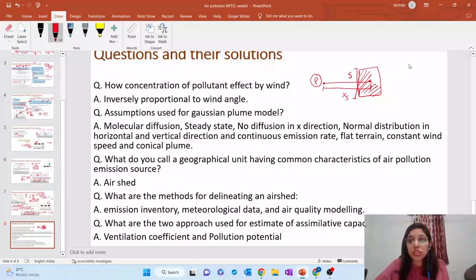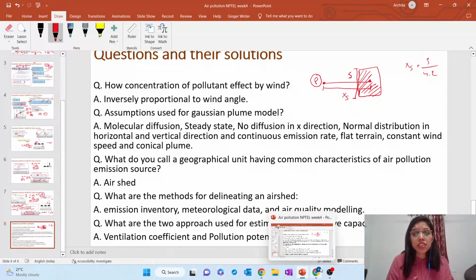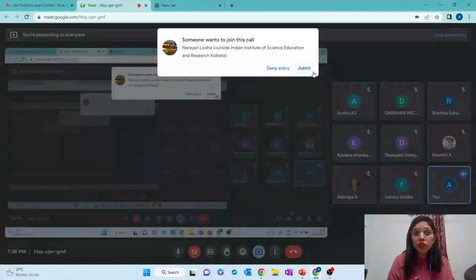So the equation was xs equals s by 4.2. With this you measure how far, if you know the length covered by a particular emission source, you can find how far you have to consider this point, based on this s divided by 4.2.